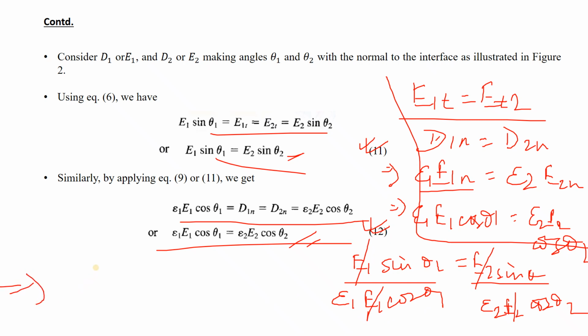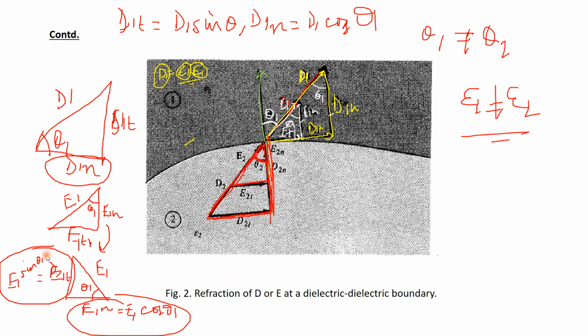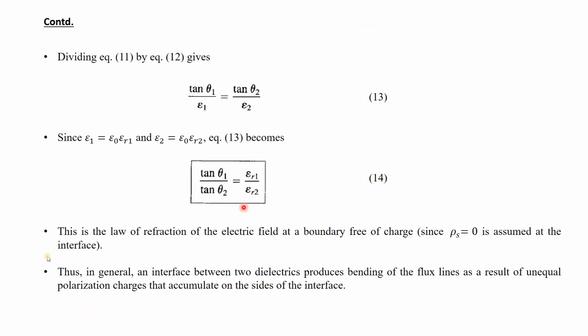So E2 will be cancelled, E1 will be cancelled, and we can write tan theta 1 by epsilon 1 equals tan theta 2 by epsilon 2, or tan theta 1 by tan theta 2 equals epsilon 1 by epsilon 2.